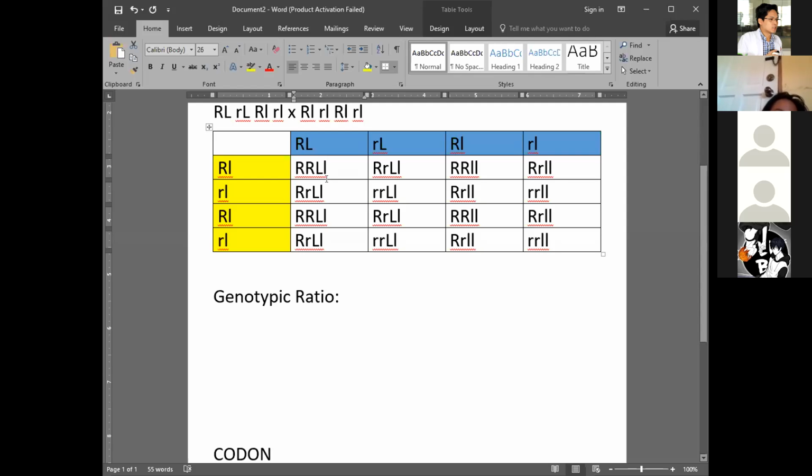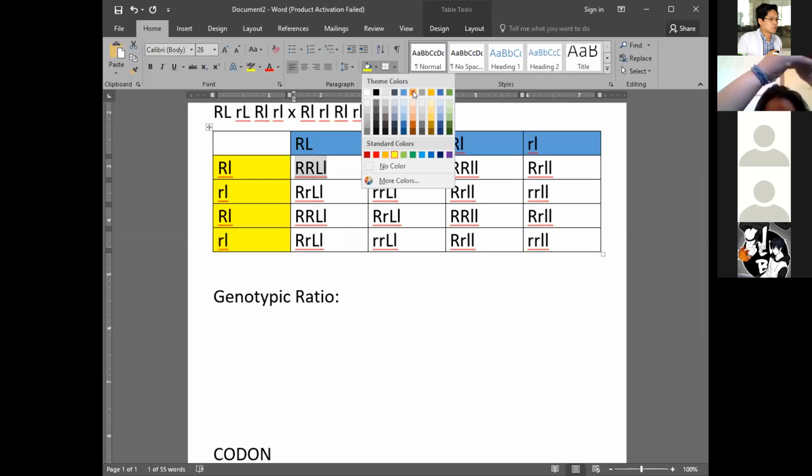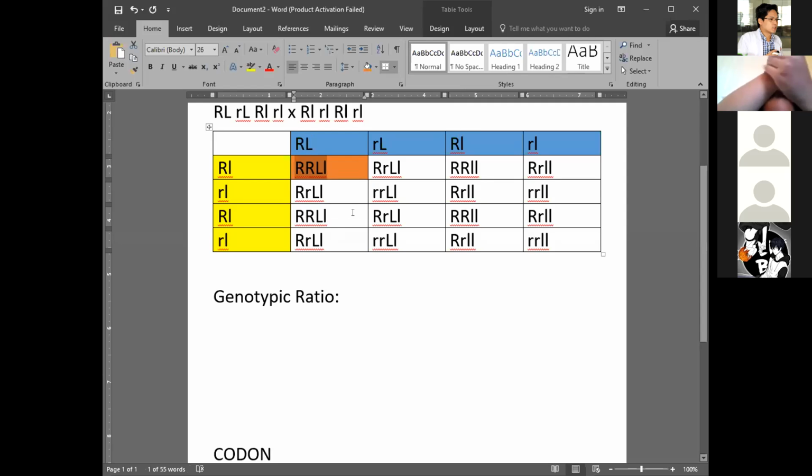Homozygous red with heterozygous long is 1.